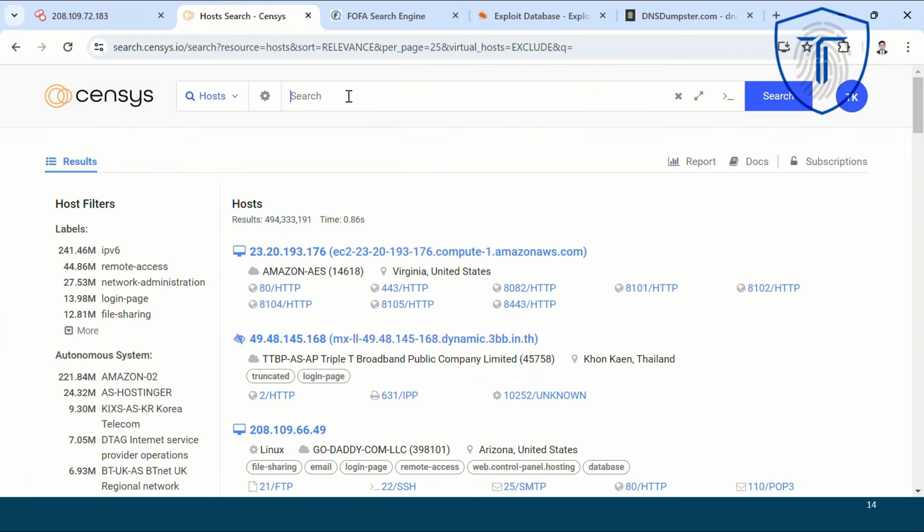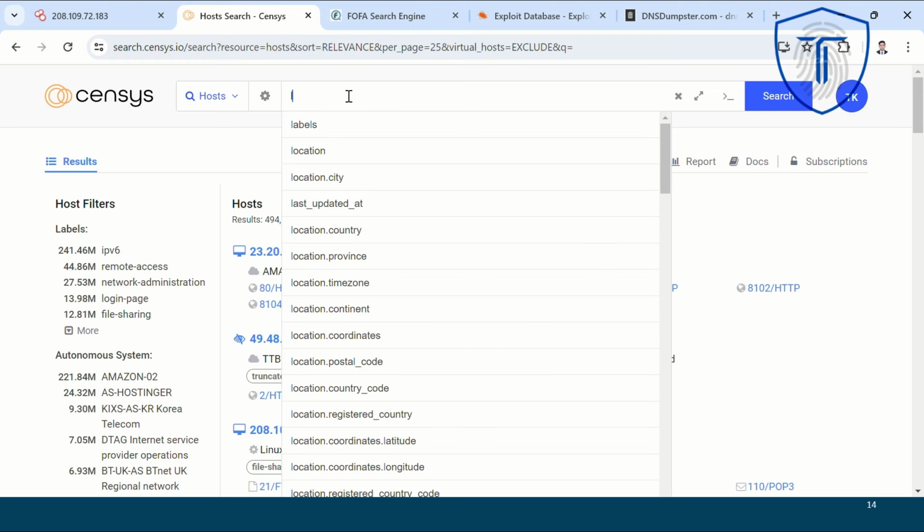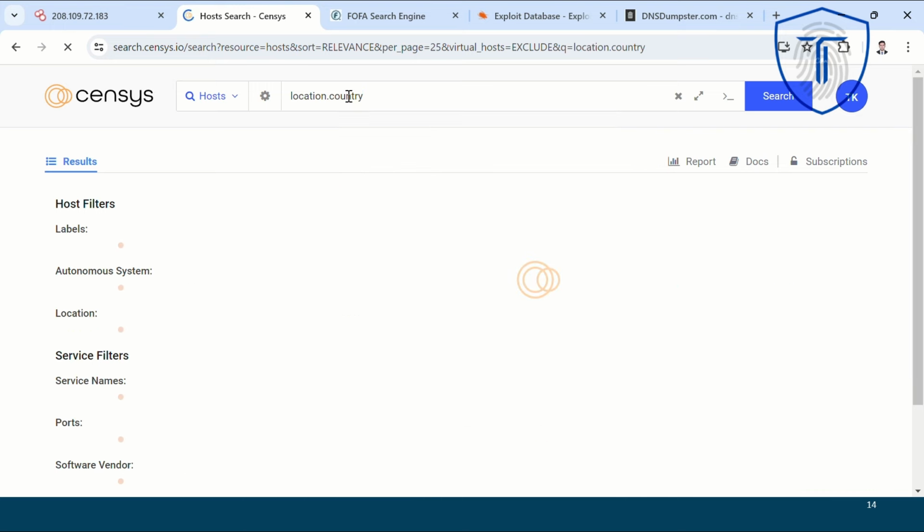Census is another tool which we discussed in our theory. The one thing I like most about Census is its suggestions while searching. Look, I want to search according to the country, so India.